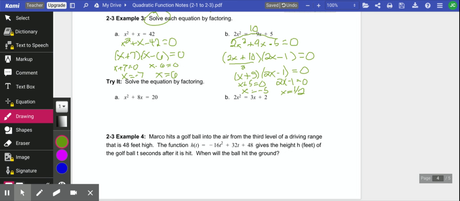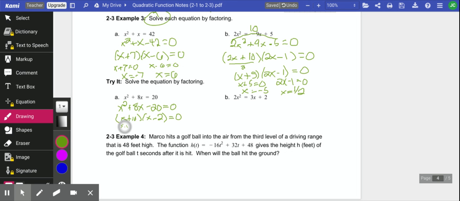Okay, we want to solve this by factoring, so we're going to pull everything to the same side. It doesn't matter which side, I just prefer the x squared to be positive, so I'm going to subtract 20. And now we're going to factor this. That minus sign tells me that the signs are different. I need factors of 20 that add up to 8, so I think positive 10 and negative 2 should work.